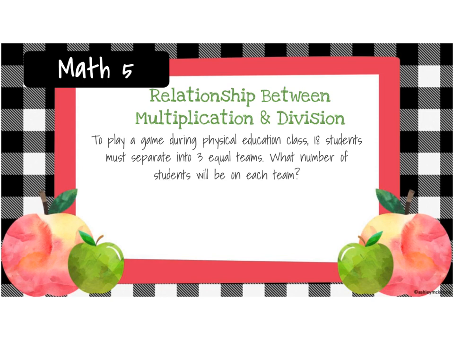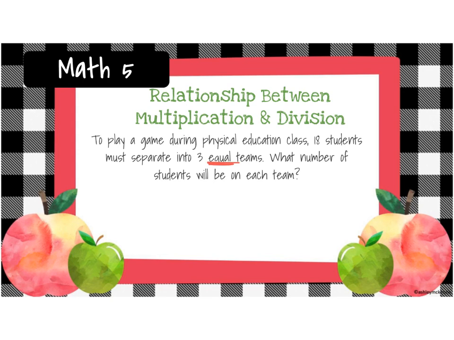Okay. To play a game during physical education class, 18 students must separate into 3 equal teams. What number of students will be on each team? First, before we start solving this problem, I want to talk about some key words. What are some key words that are going to tell me how to solve this problem? Equal. Okay, equal teams. What's another one? You're gonna need to be dividing 18 by 3.